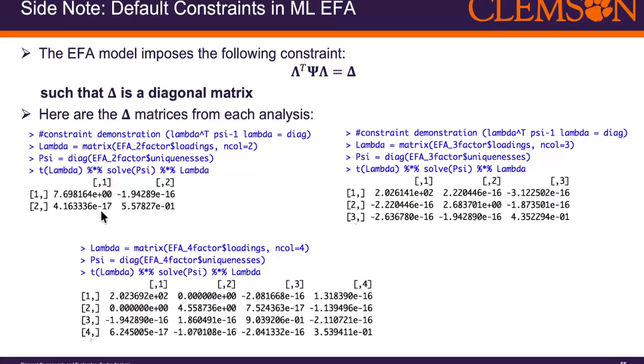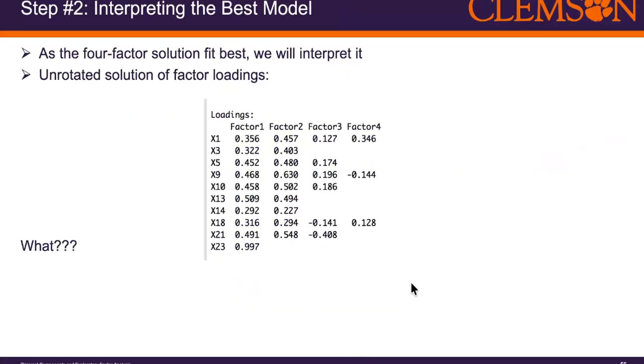This E negative 17 means you have to move that decimal place over 17 digits to the left. That thing's close to zero. So this is what's happening. This is how the model identifies the solution, so it provides estimable parameter estimates. But again, you'll see the diagonal elements are allowed to have numbers that are bigger than zero, but all their off diagonals are constrained to zero.